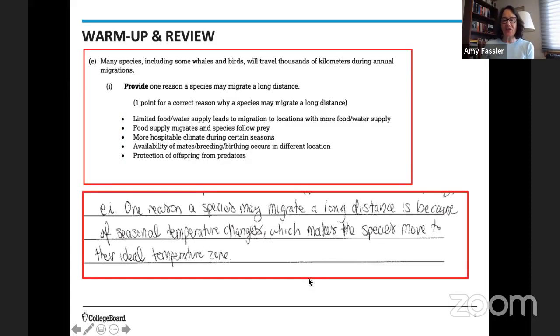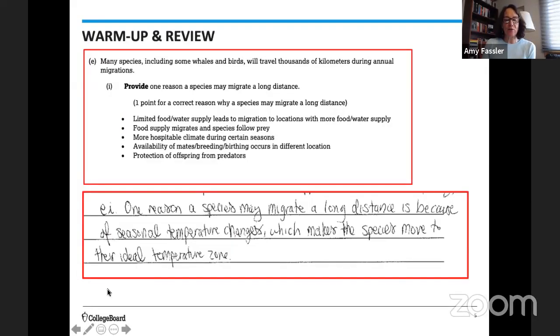Let's take a look at a sample student response to give you a little practice on whether you can pick out if an answer does correctly qualify for earning a point. So take just a couple of seconds and read that response and see if you would point it or not. And obviously this student earned that 1 point.